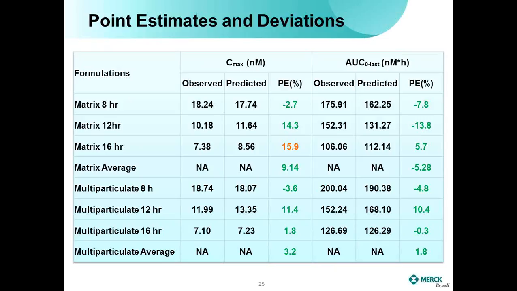And different formulations could have different regional absorption patterns. So in this case, we are still just using a different ASF set for different formulations as our IVIVC approach. So this is the third case example.